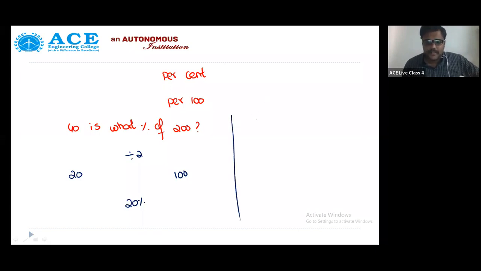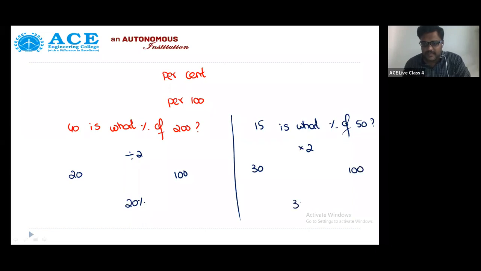Whereas they can ask you, 15 is what percent of 50? For 50 you got 15. If you multiply by 2, you get 30 marks out of 100. We can call this 30 percent.